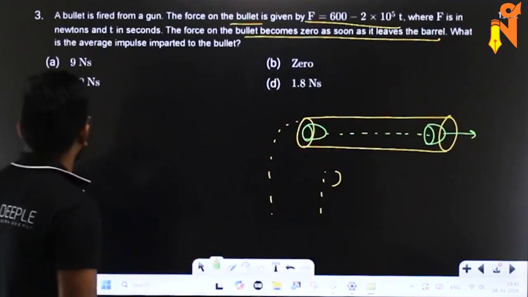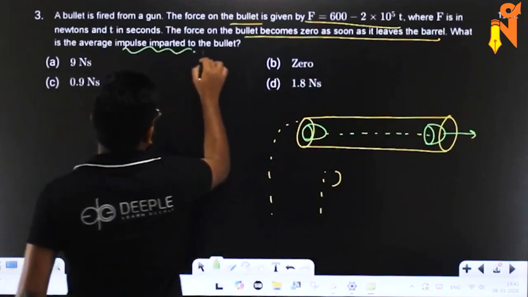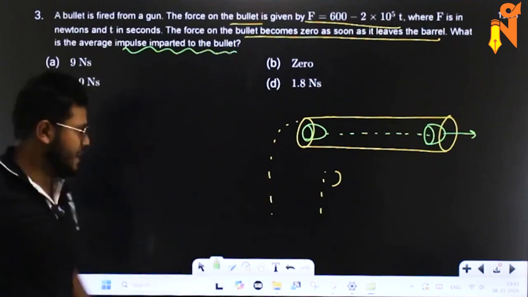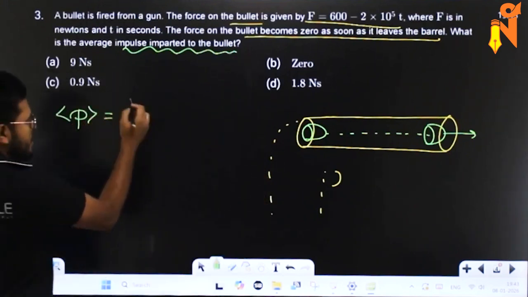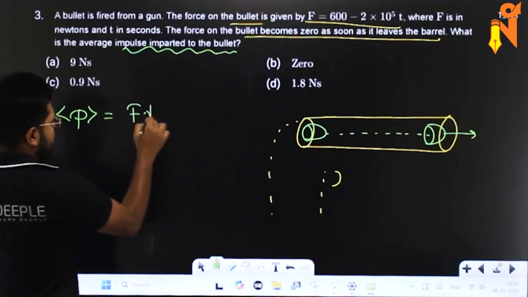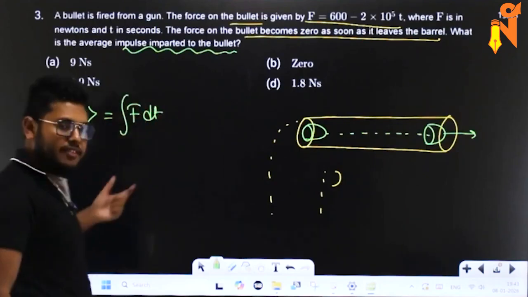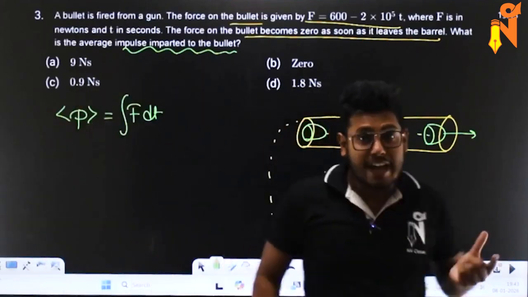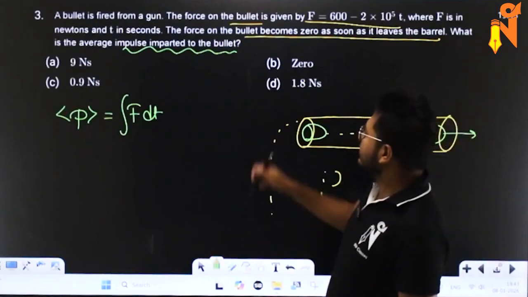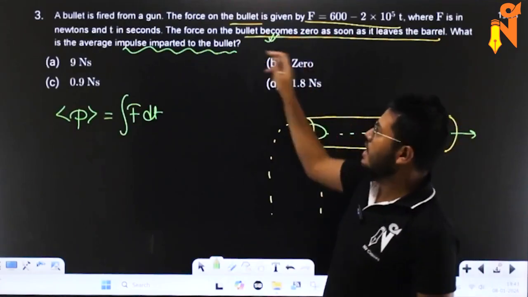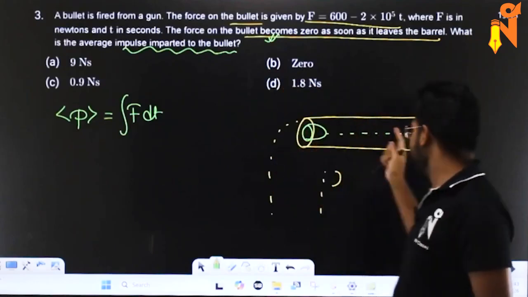All nice. What is the average impulse imparted by the bullet? You see, impulse is nothing but change in momentum, right? So basically, if I can do F dt and integrate that, I will find out the impulse. Now you see, the time limit is important to us, and how to get that? That information is supplied here. They say the force becomes 0 exactly when it leaves the barrel.